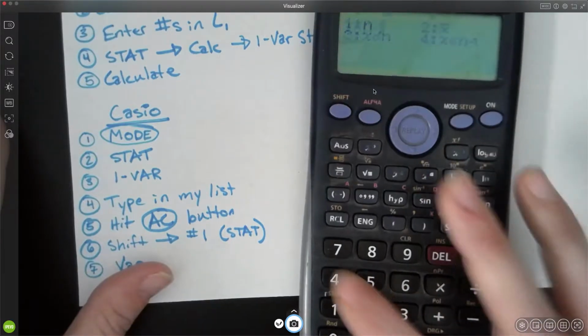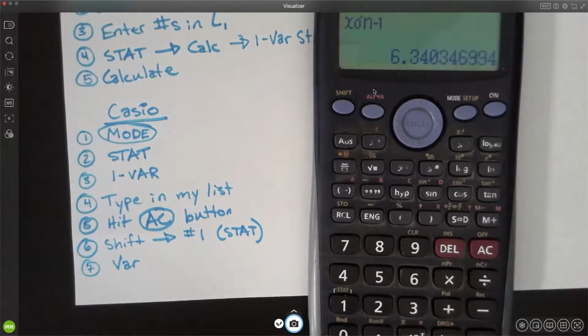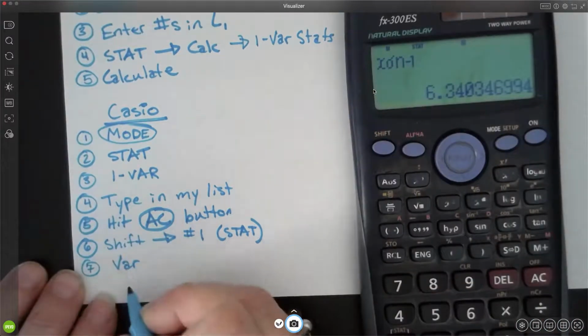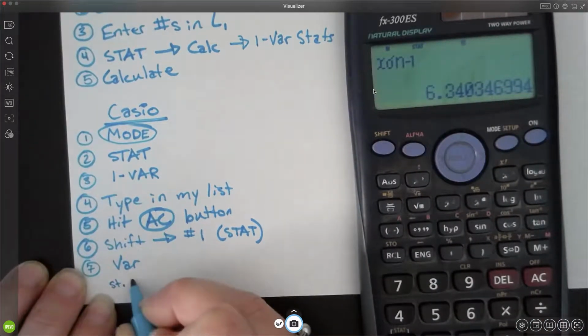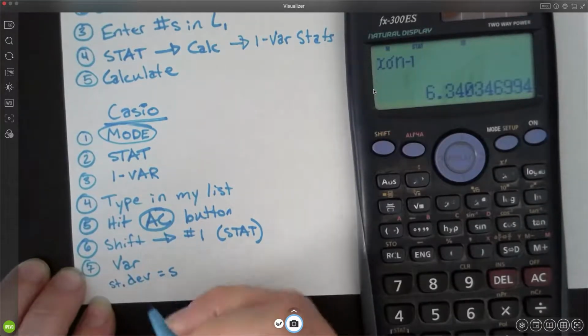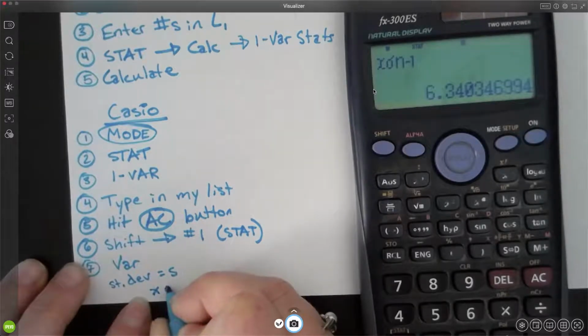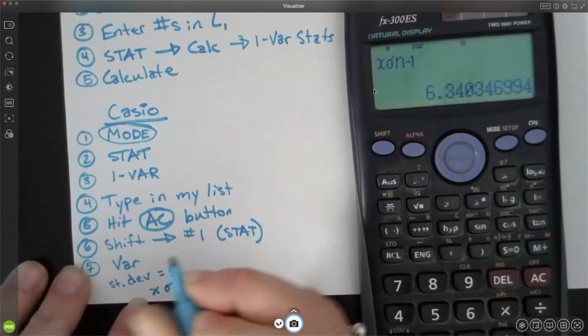There it is. So your button for standard deviation might look like, I'm going to write this down. Standard deviation should be either S, or on this calculator for some reason standard deviation looks like an S, an X, alpha, and -1.